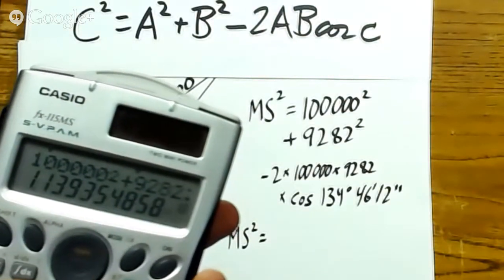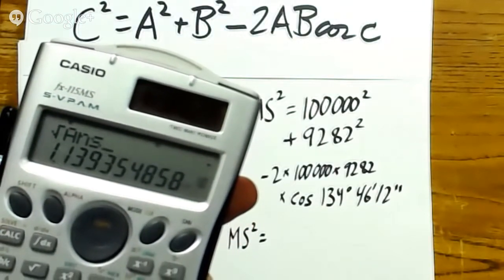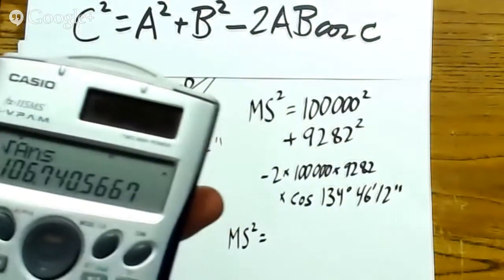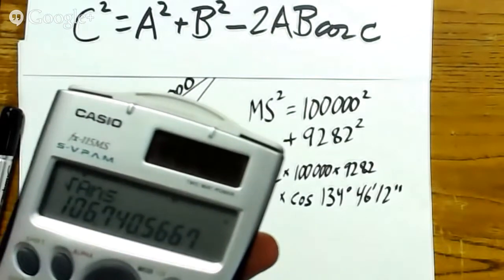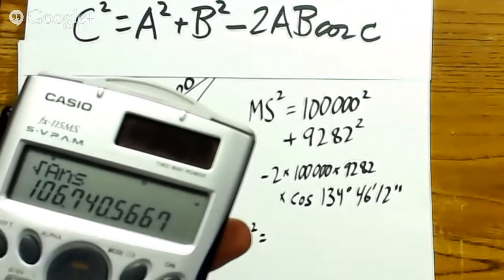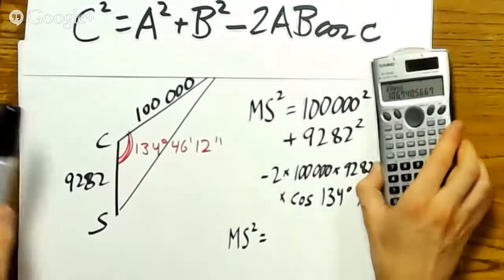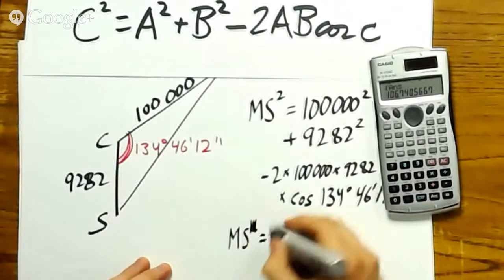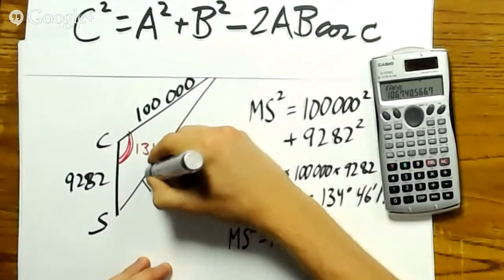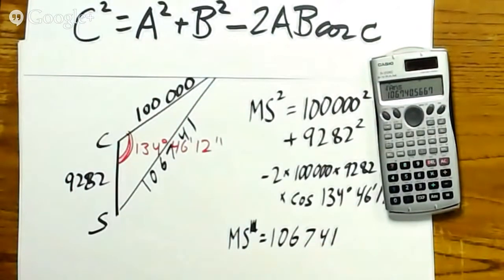I'll take the square root of that answer. There's my number, 106,740, or I guess 741 if we round. 106,741. Yep, wrote that right on top.